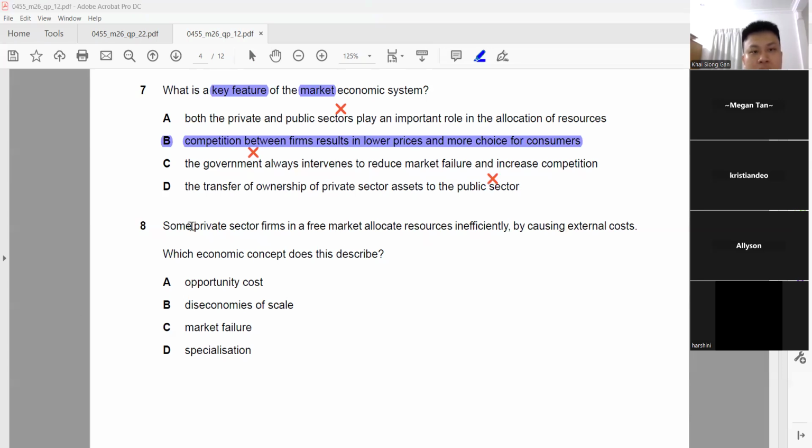Okay. Next one, some private sector firms in the free market allocate resources inefficiently by causing external costs. Which concept does this describe? Externalities. Externalities means it will result in market failures. So how do you define market failures?